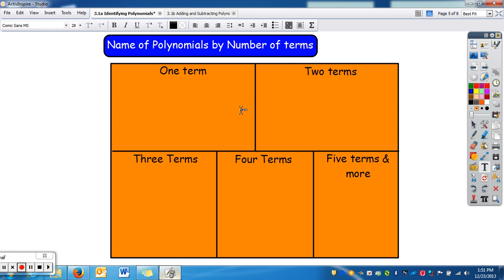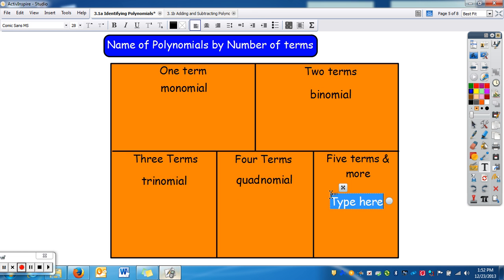Alright, so then we have polynomials named by the number of terms. If it has only one term, it is called a monomial. And all these have nomial in them. 2 terms, binomial. 3 terms is a trinomial, like a tricycle. 4 terms, we can say it's quadnomial.